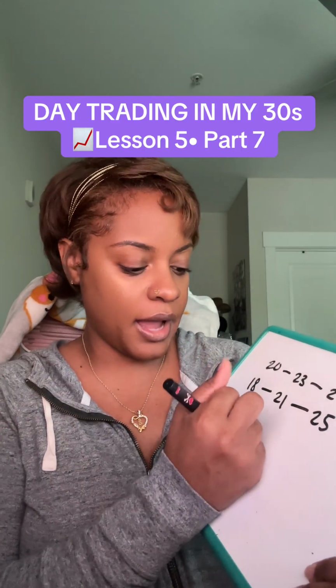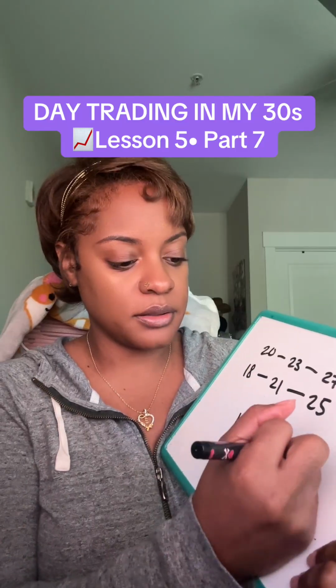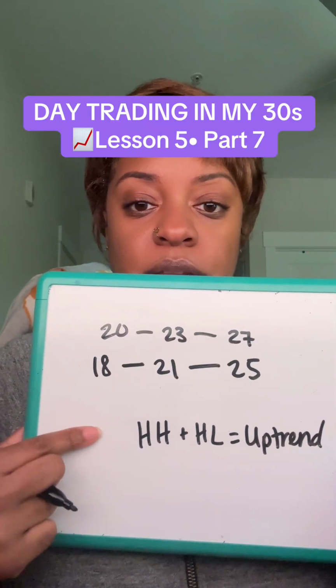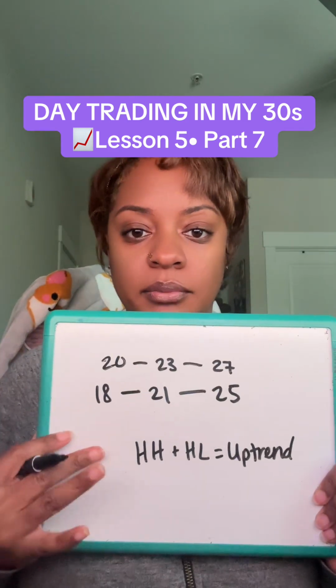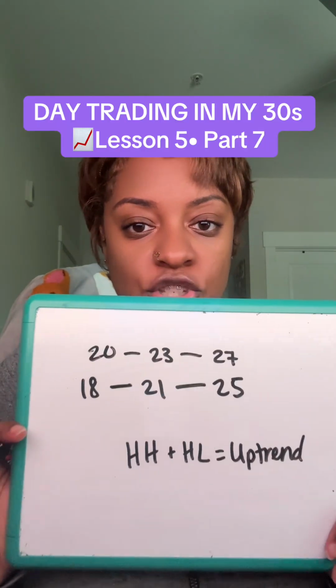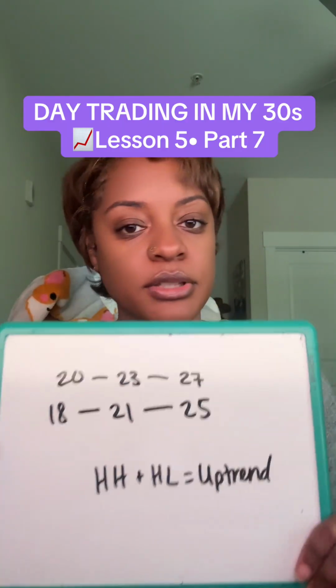So if we got higher highs plus higher lows, that equals an uptrend, because remember, the first word is high. We up, we high, we high up. And I just explained to you why: higher highs plus higher lows equals an uptrend.